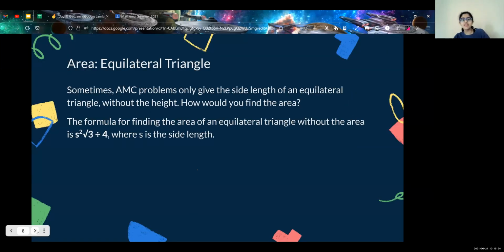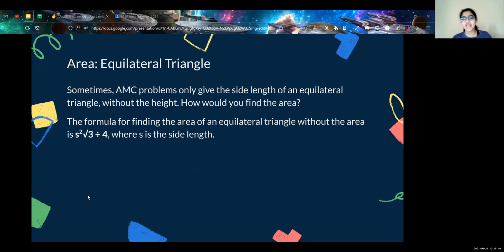Okay, so the formula is s squared, so the side length squared. Oh, can everyone hear me? Okay, I shall speak louder.